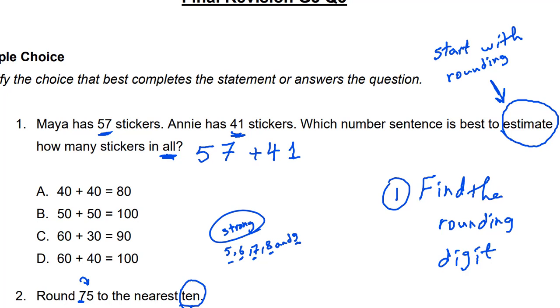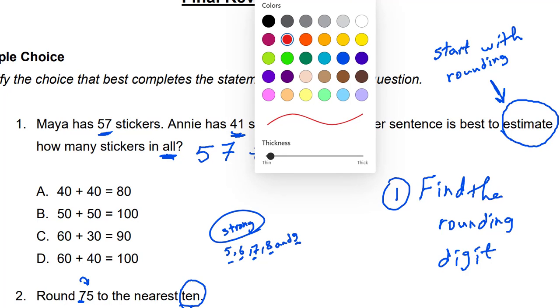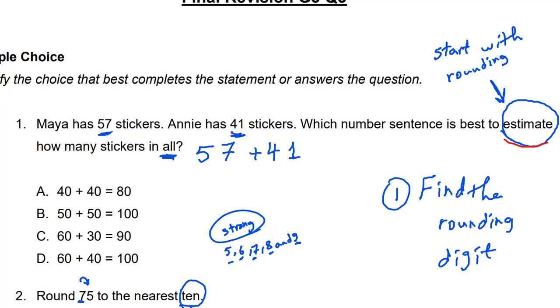But as we said, this is not find, this is estimate. So when you estimate, you do not add first. You should round first. So do not add.